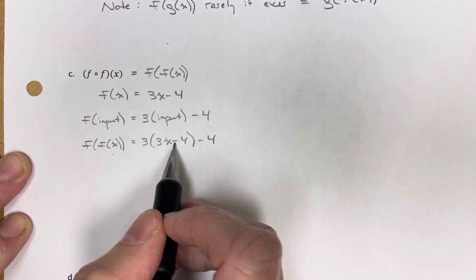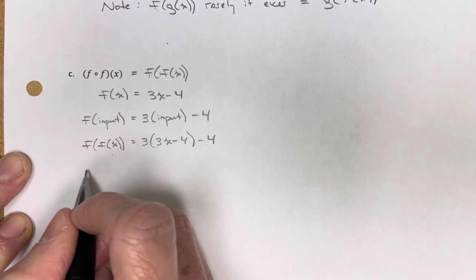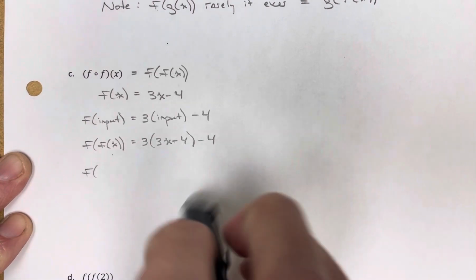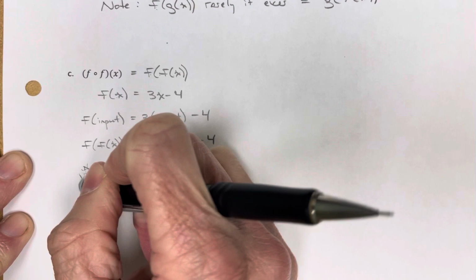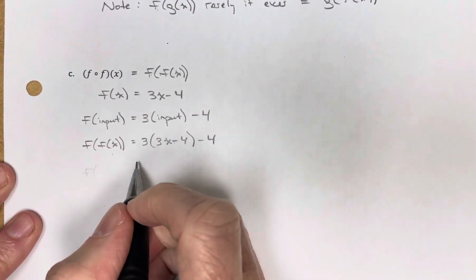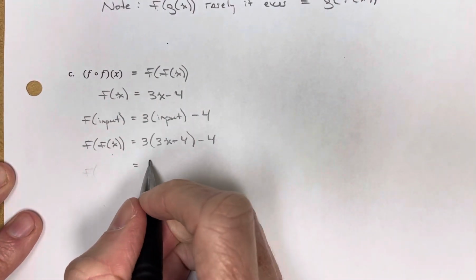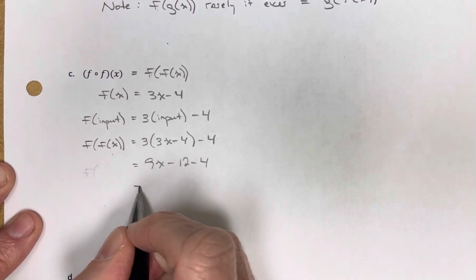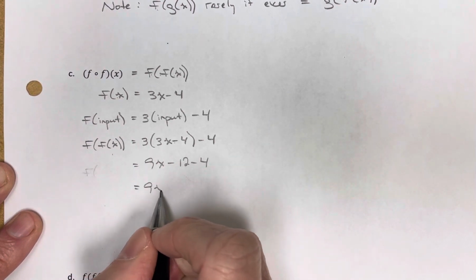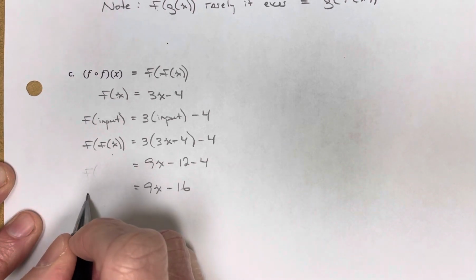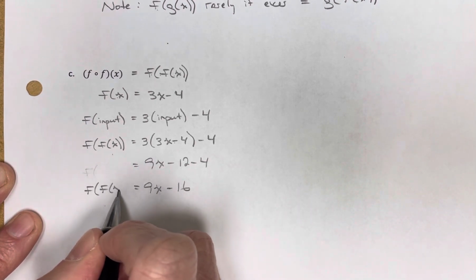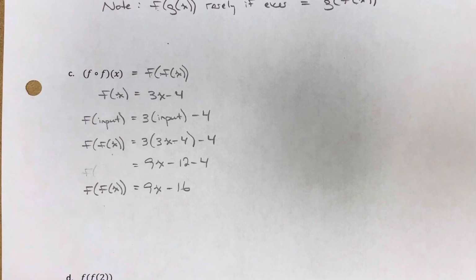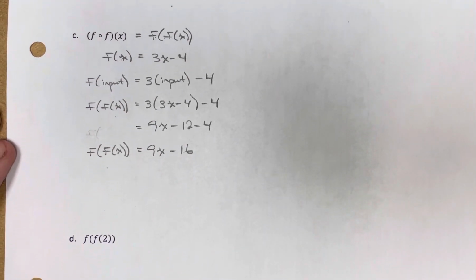Let's simplify this right side, 9x minus 12 minus 4, and the right side is 9x minus 16. So f of f of x is equal to 9x minus 16.